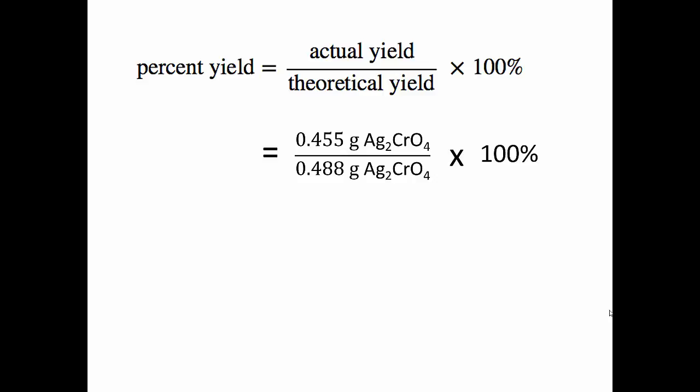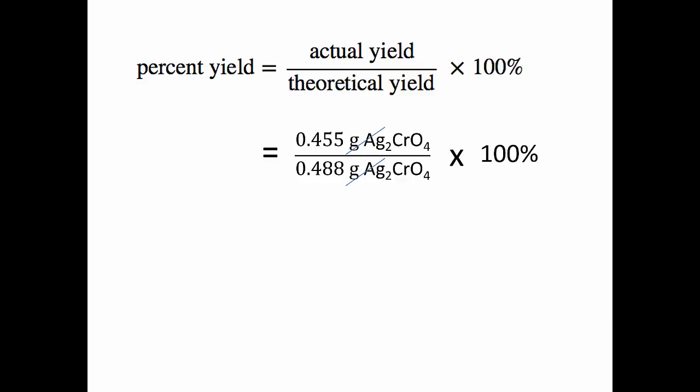Some of the products may be lost when liquids or solids are transferred from one container to another. Contamination is also a factor. Human error often plays a role in the process of doing the experiment. Actual yield is based upon measurements, and there is no such thing as a perfect measuring device, just as there is no perfect scientist to take and record these measurements.